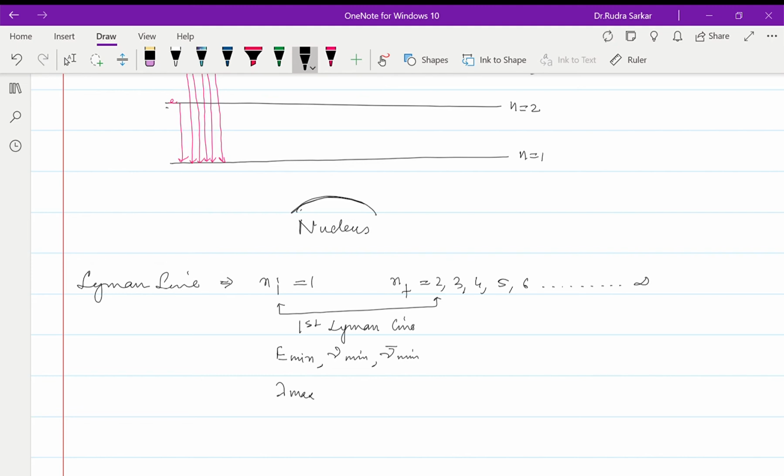This is also called the alpha line. ठीक है ना बेटा? अच्छा. Whenever I am talking about a line that is n1 and this is 3, अगर ये फर्स्ट लाइमन लाइन है तो ये क्या होगा? सेकेंड लाइमन लाइन.